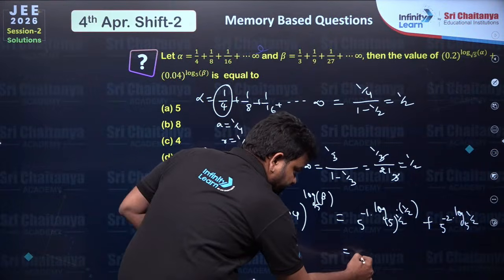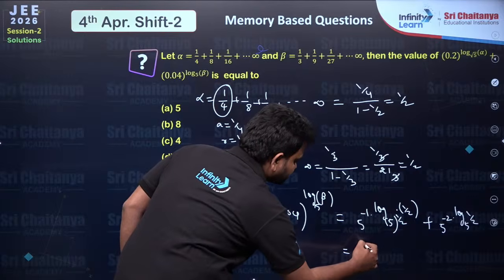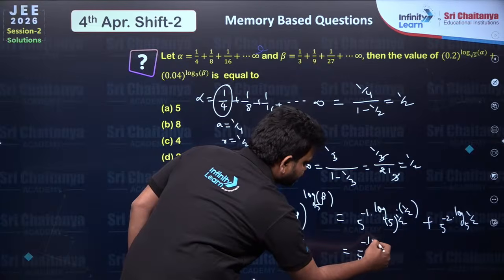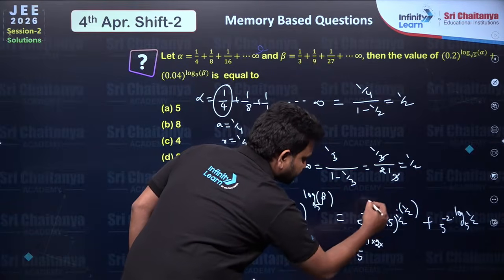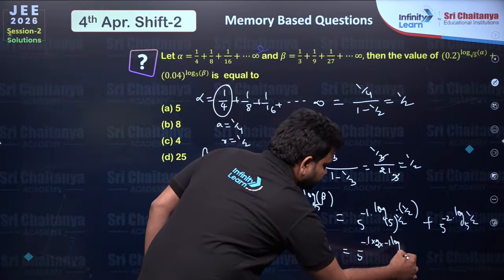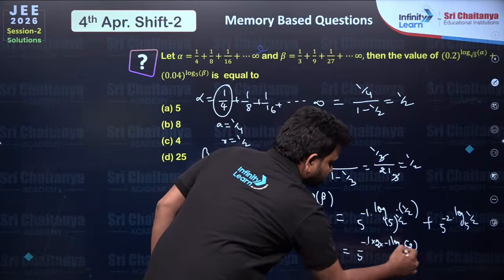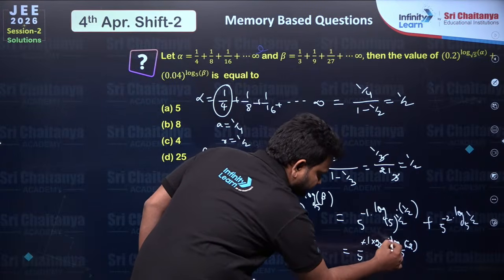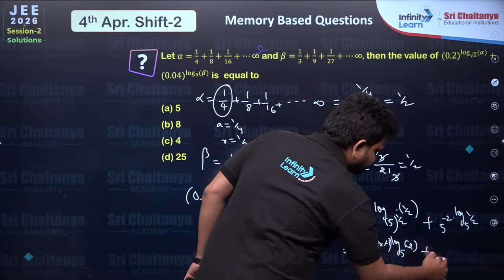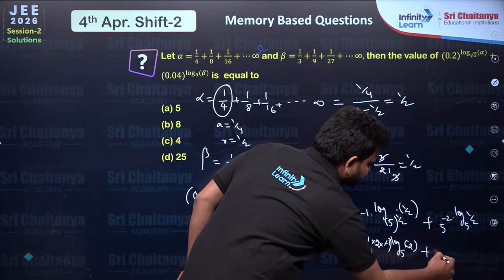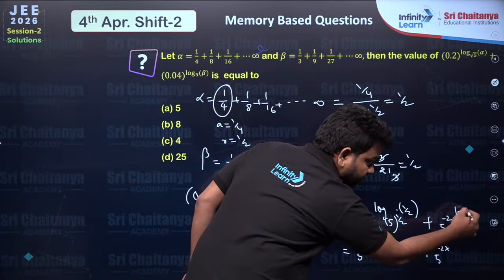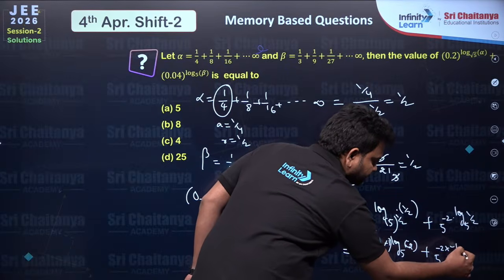So children, here we have 5 into this. If you observe, 5 power 1 by 2 will come as 1 by 1 by 2, so that is going to be 2, and this 1 by 2 will give you minus 1 from the power, and here you have log base 5 of 2. So minus and minus 1 is going to get cancelled, you have 2 here. And then we have plus 5 power minus 2 into, this is 5, so no need to take anything out, but here 2 power minus 1 we will be writing, so that I am writing outside.